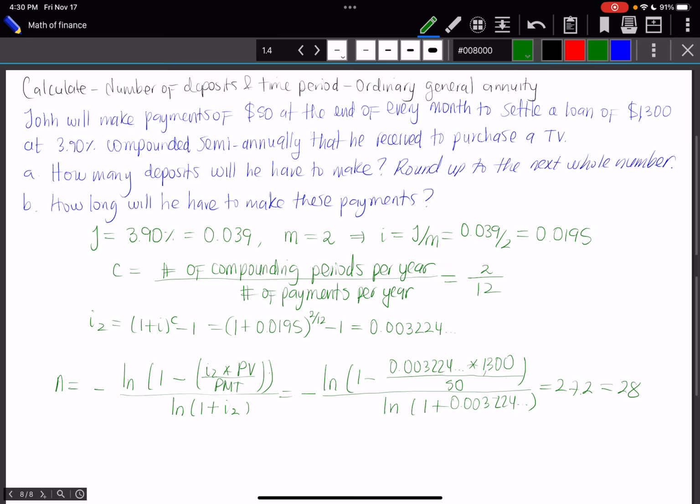Now, if you're using a calculator, you want to use minus ln, bracket, 1 minus 0.003224 times 1,300 divided by 50, close brackets, divided by ln of bracket 1 plus 0.003224.